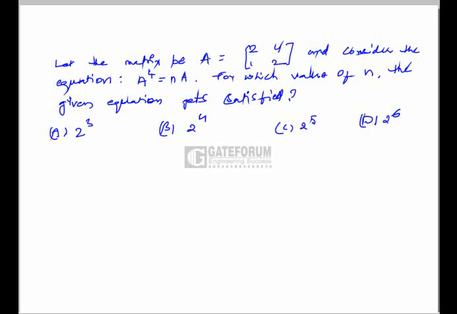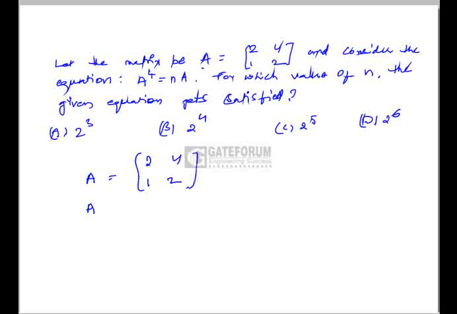Here in this question, matrix A is given as [2 4; 1 2] and A power 4 is given as n into A, and we have to find the value of n. Matrix A is given as [2 4; 1 2].